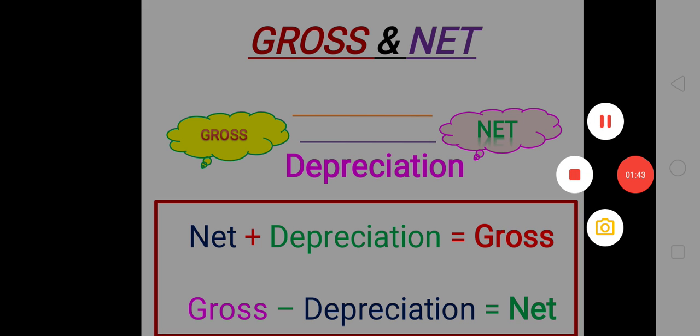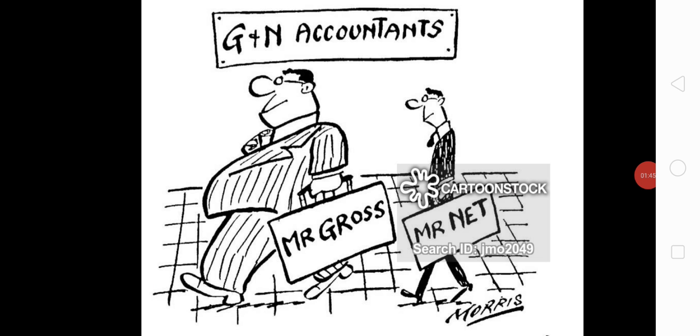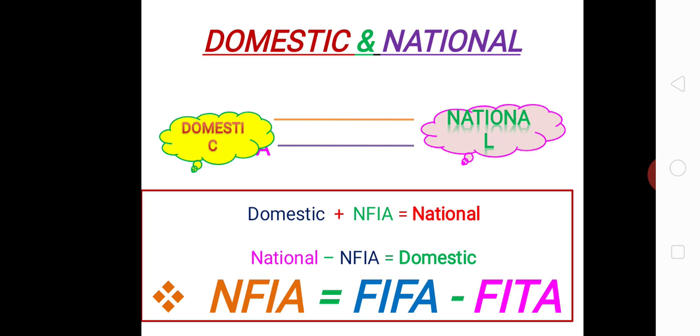Second adjustment is domestic and national. Domestic is a narrow concept and national is a broader concept in practical sense. So one term is NFI, that is net factor income from abroad.